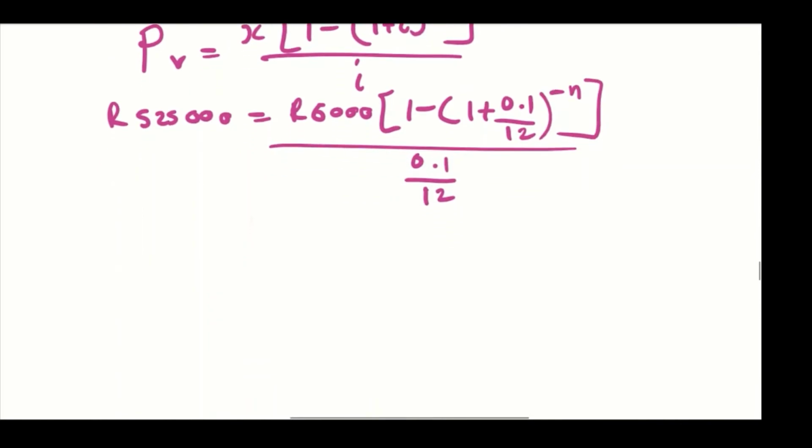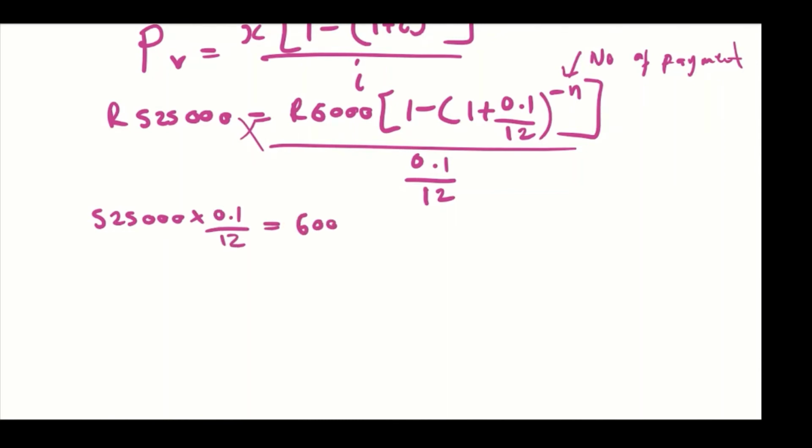So I'm just going to calculate the value of n, which is the number of payments. We want to know how many payments will be made for this 6,000 rand. So we're just going to cross multiply here. We'll have 525,000 multiplied by 0.1 over 12 equals 6,000 rand into 1 minus 1 plus 0.1 over 12 to the power of minus n, right?